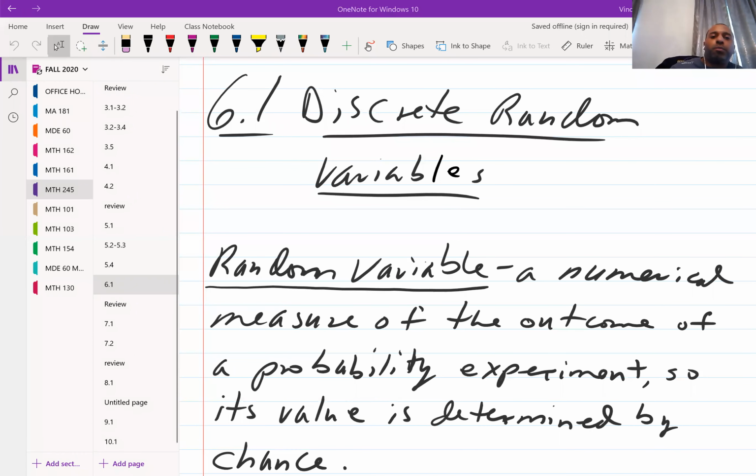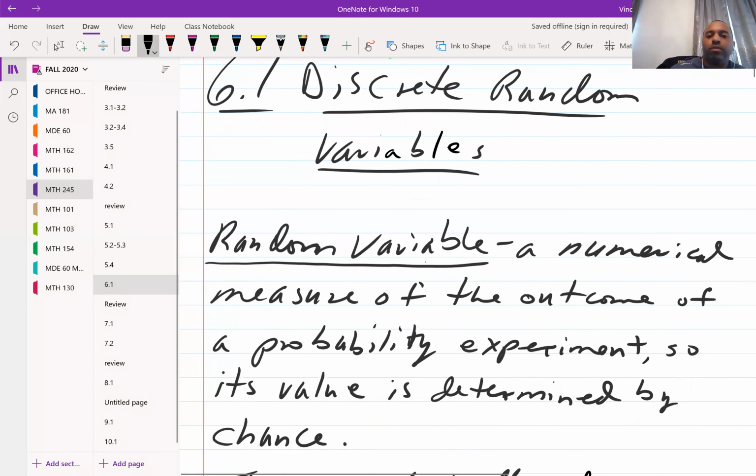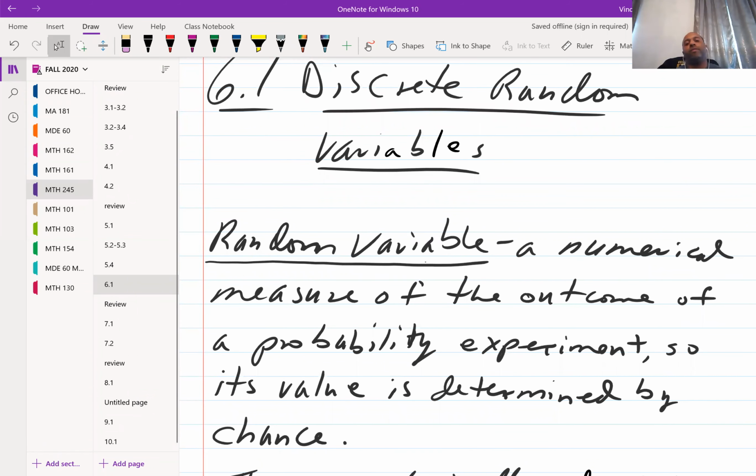All right, so 6.1, discrete random variables. A random variable is a numerical measure of the outcome of a probability experiment, so its value is determined by chance.